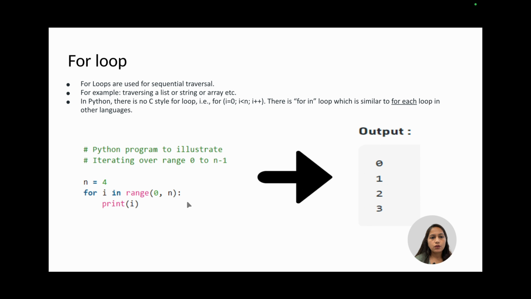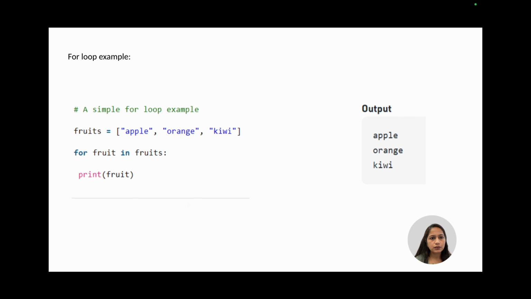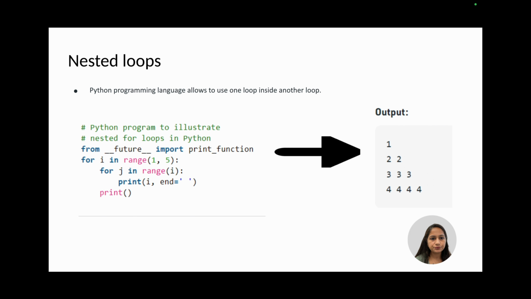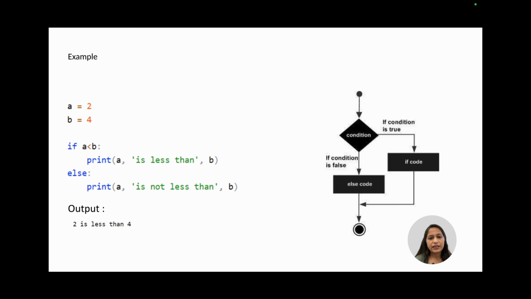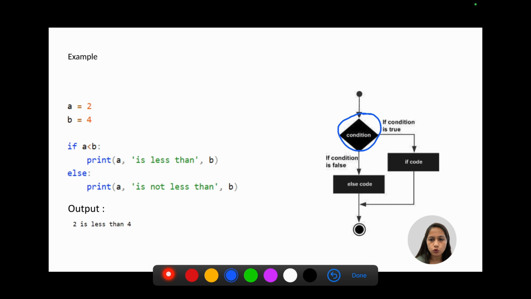So this is what we have done, for loop and nested loops. If else statements we have done, where we just checked if some condition is true, then it will follow the if code. If the condition is false, it will follow the statements written under the else code. Like if A less than B, it will follow these statements.